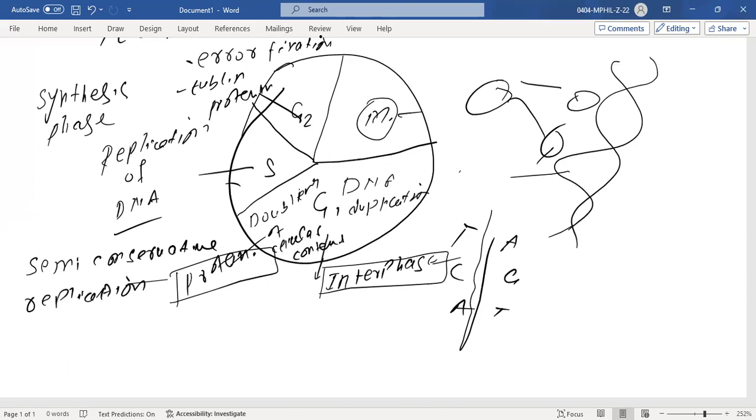Another thing that should be in your mind is the G0 phase. Sometimes they may ask you in your MCQs what the G0 phase is. It is cell cycle arrest.